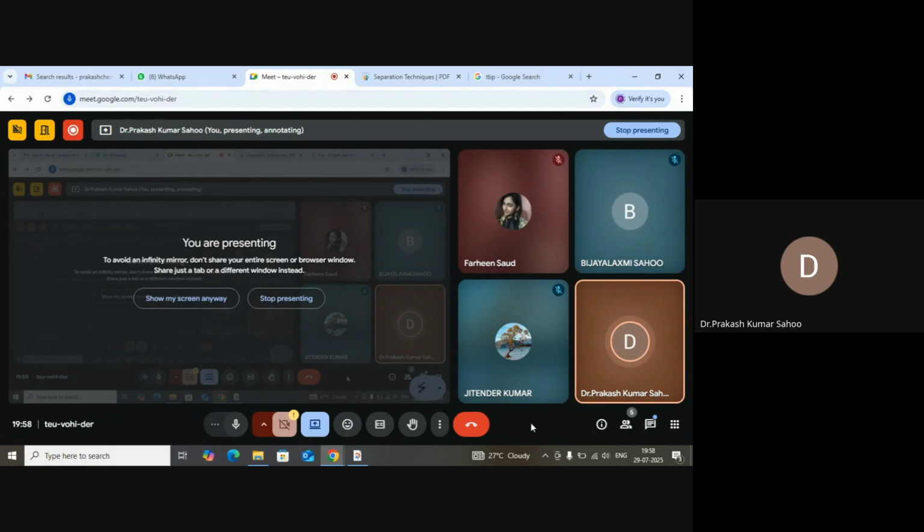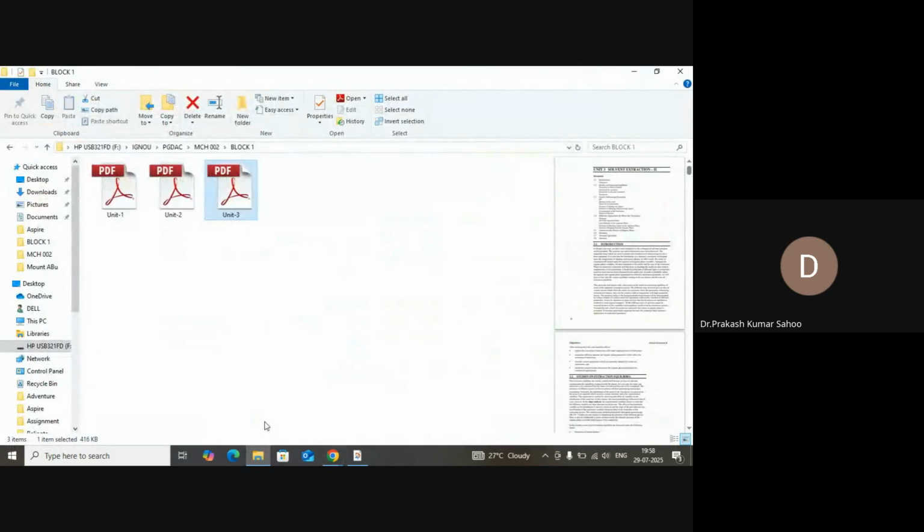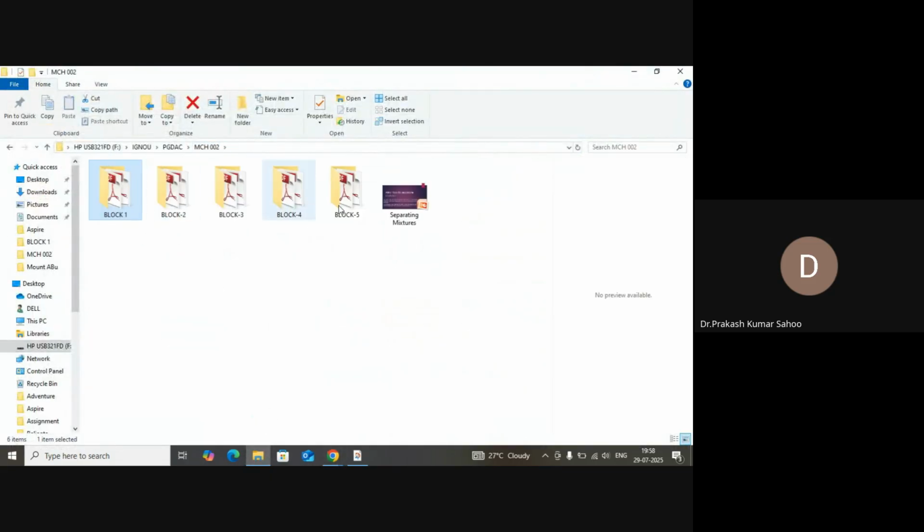It is actually very difficult to cover 3 units or 2 units within 2 hours, and I'm just trying to cover some of the important aspects of your block one, because you have 5 blocks in the MCH-2 paper. You see here you have 5 blocks, and we have completed the first block today, and in due course of time we will try to complete these 4 blocks within 3 days.